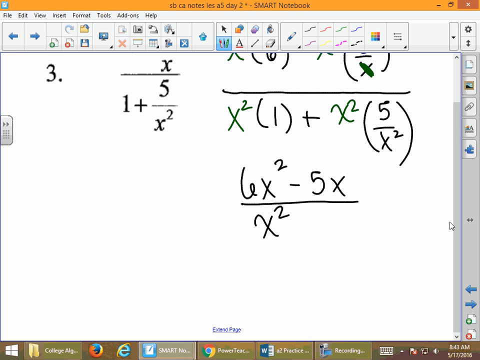And luckily over here, we have an x squared in the numerator and an x squared in the denominator. They cancel out, and we have plus 5. And as we look at this, we could factor the numerator a little bit, but there's really nothing else we can do to cancel because x squared plus 5 doesn't factor.